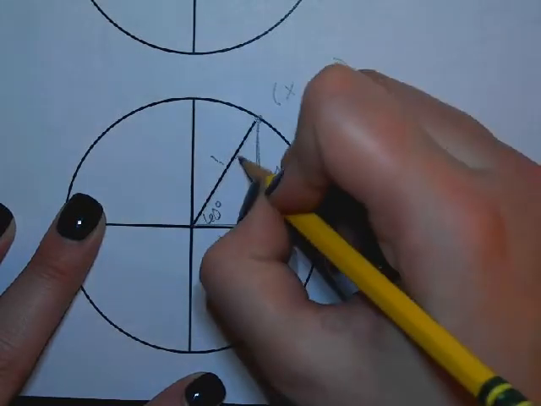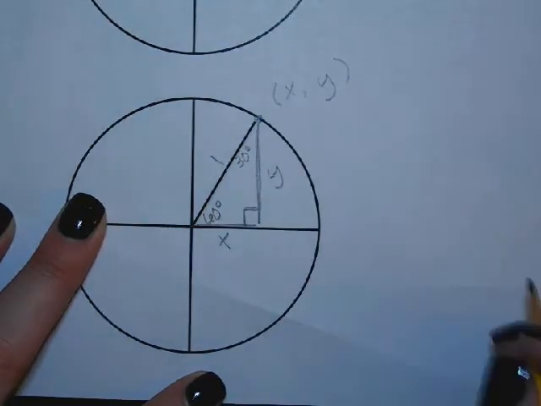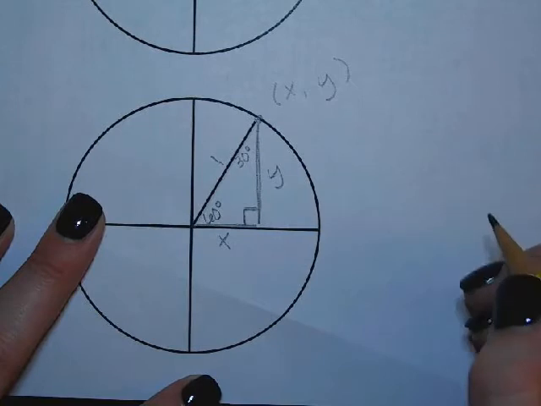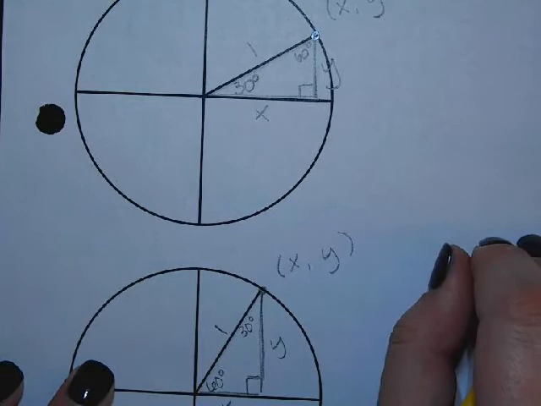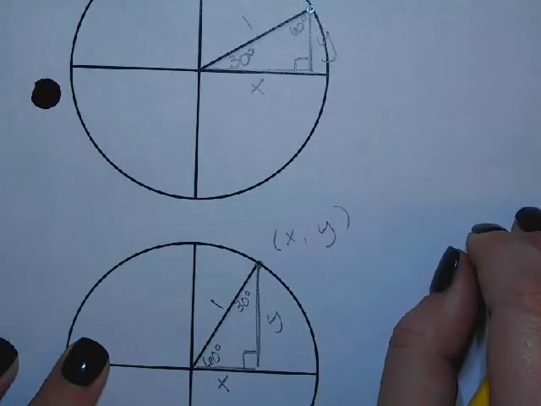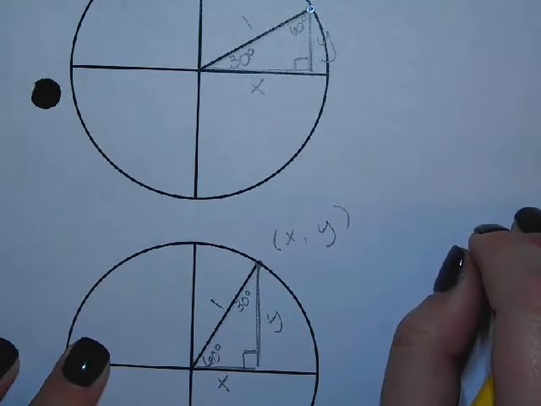So the other one's 30. The one that's on top is always 60, and this one's always 30 in this situation.